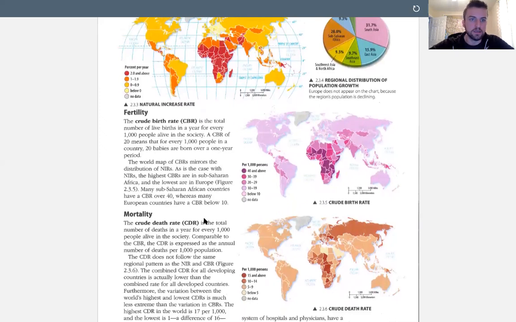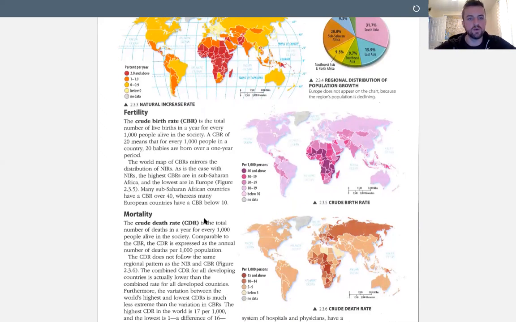Fertility. The birth rate, or crude birth rate, is the total number of live births in a year for every 1,000 people alive in a society. A crude birth rate of 20 means that for every 1,000 people in a country, 20 babies are born over a 1-year period. The world map of crude birth rates mirrors the distribution of natural increase rate.